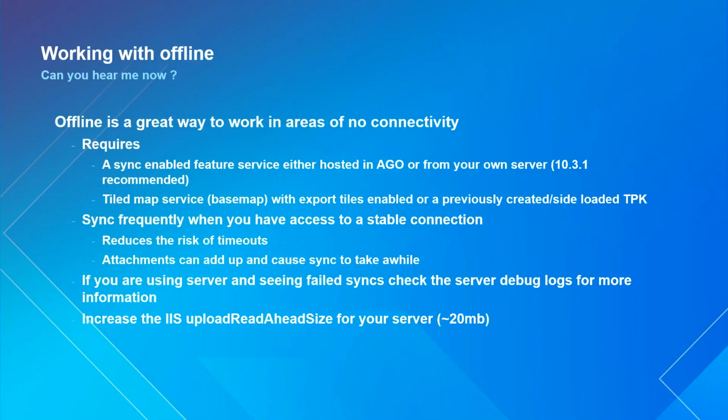Okay, so coming back to talking about Collector, working offline is something that we turned on, I want to say, about 4 or 5 months ago. So the offline capability is a great way to work when you've got areas of no connectivity. So once again, you're up in a wilderness area, or you're just in a location where you don't have any connection.